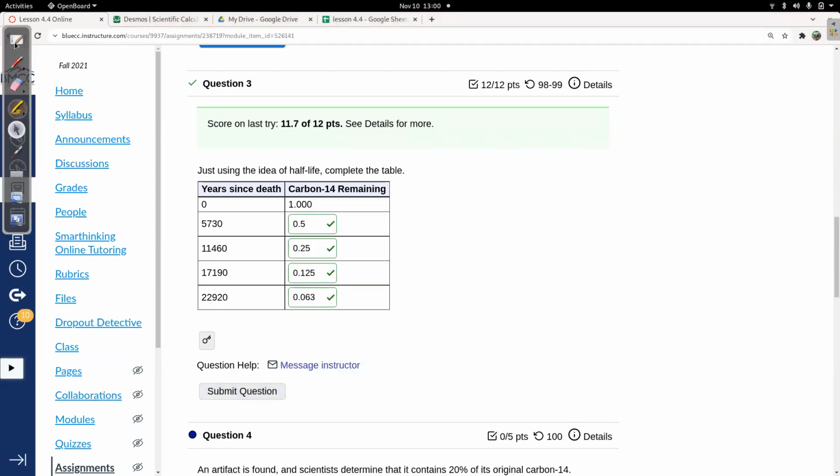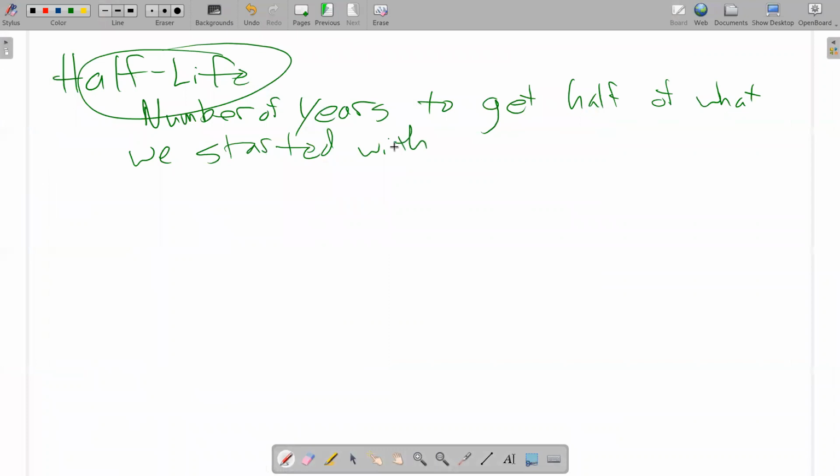So I had a brief explanation of half-life here: the number of years or amount of time to get half of what you started with. And the other thing, we only have one example, so I really don't have proof of this, but with an exponential function that decreases, right?